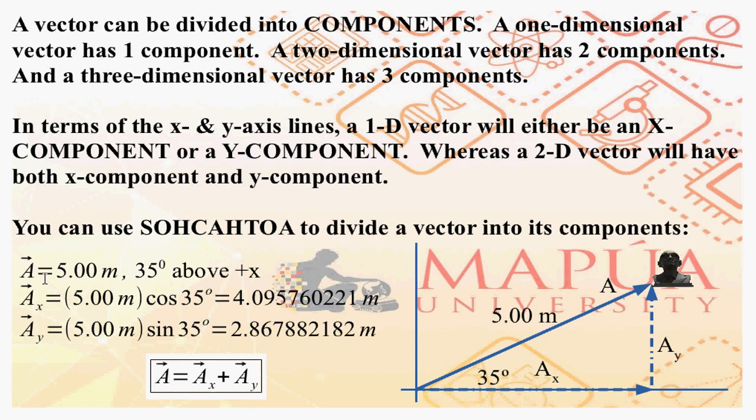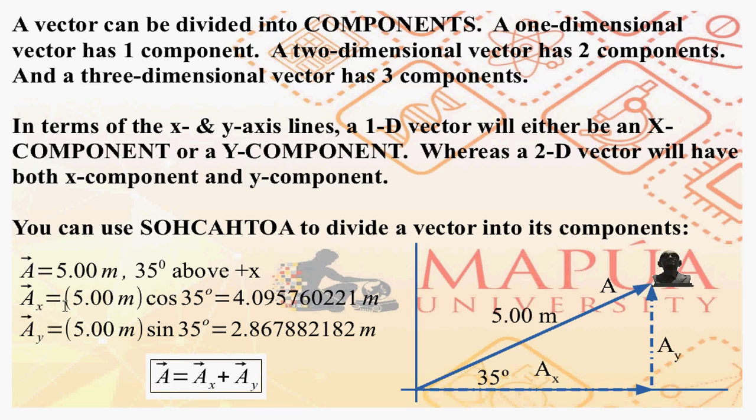Note that the x component and the y component are also vector quantities. They have direction. Taking into account the direction, ax will be in the positive x direction, ay will be in the positive y direction.